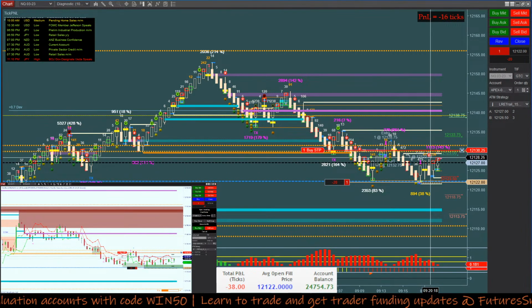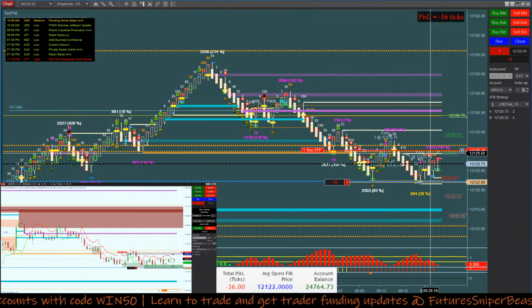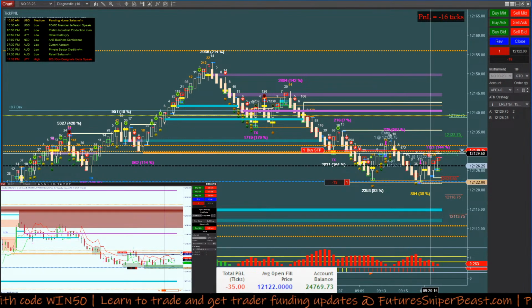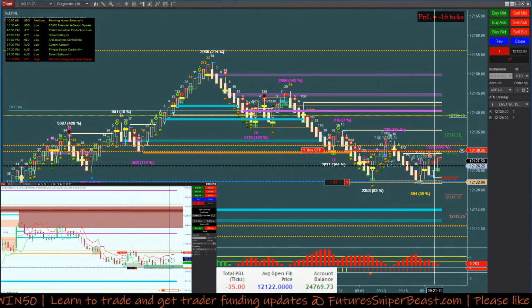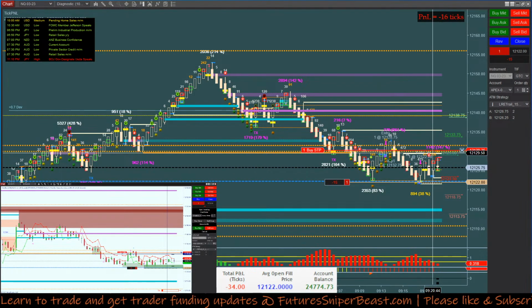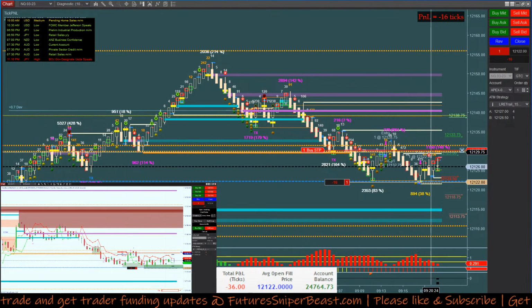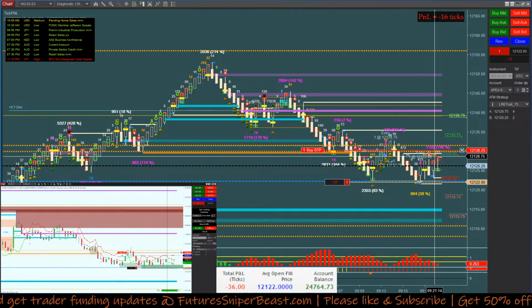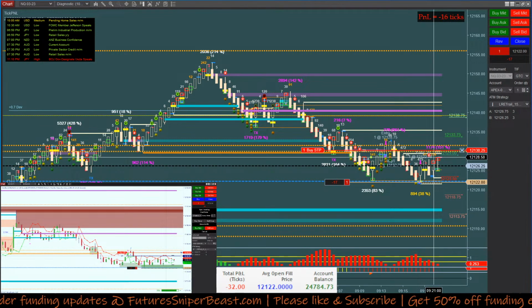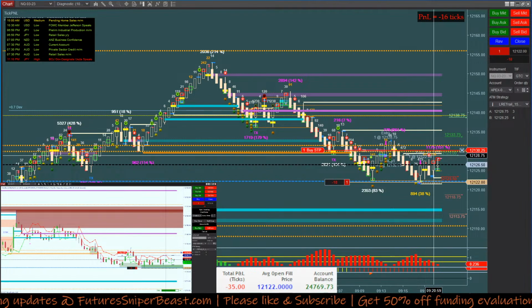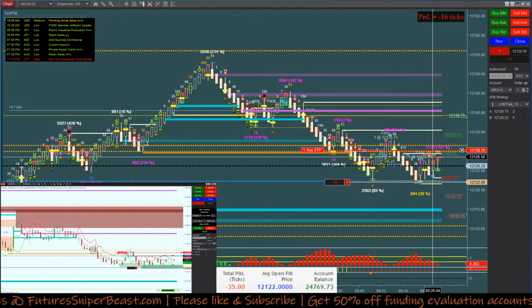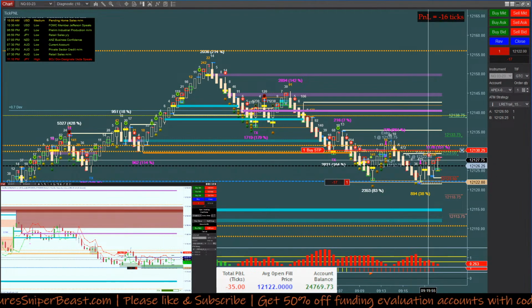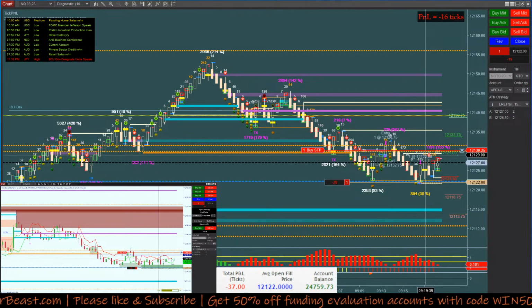I don't think this one's going to work out, though, to be honest. It's clearly chopping at that wall. So unless we just get a nice push short, I don't see this one really working. So we'll see.